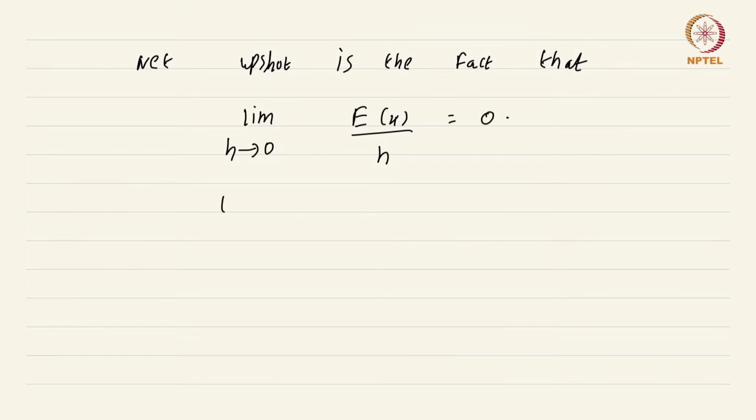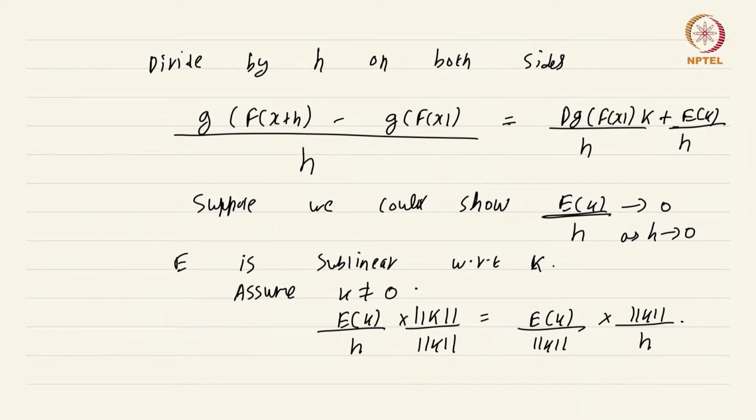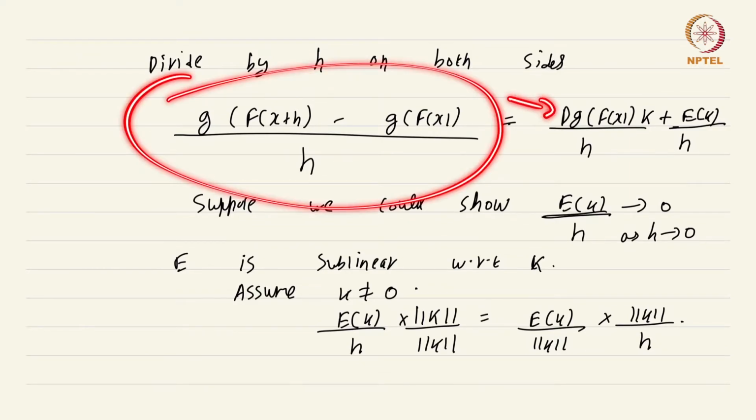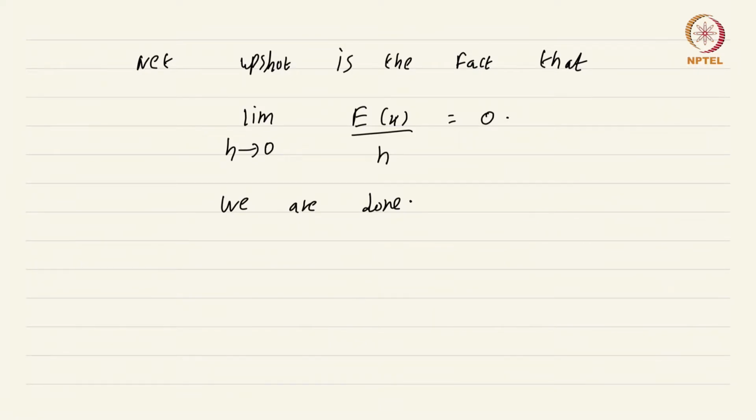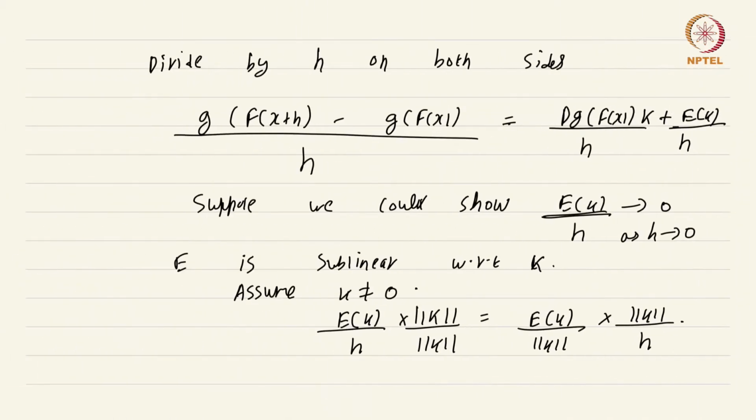In other words, we are done. So as h goes to 0 here, this expression goes to dg at f of x acting on f prime of x, and this quantity goes to 0. So we are done. This concludes the proof of the chain rule for the derivative for scalar valued functions of a vector variable.